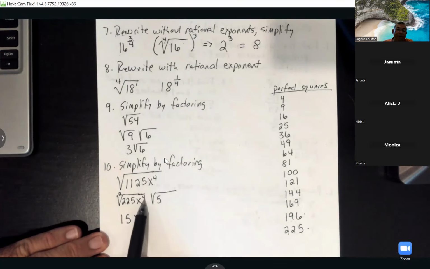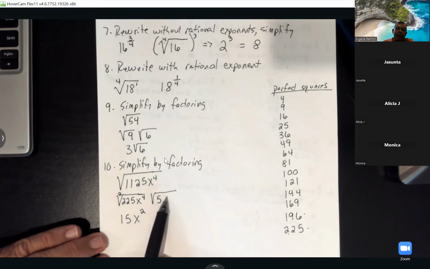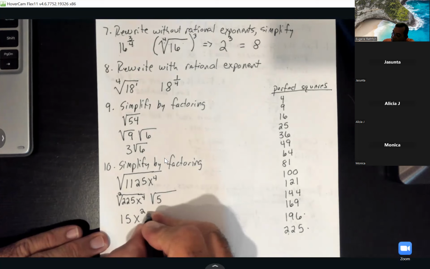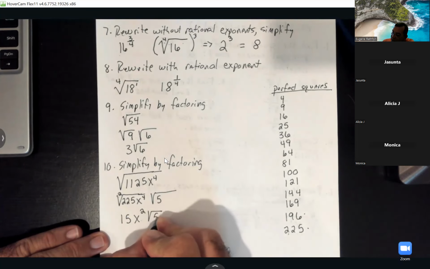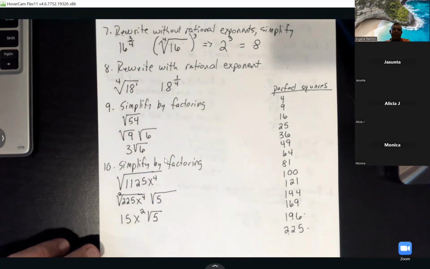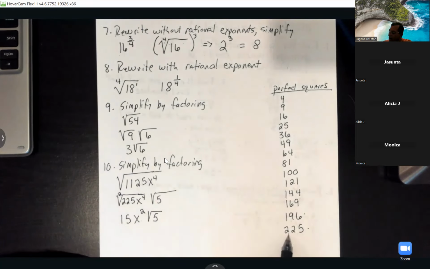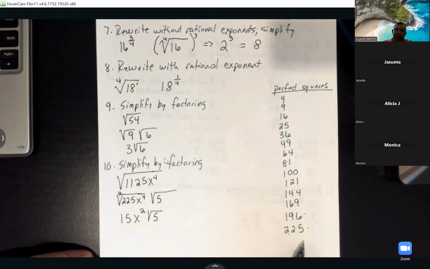It's basically half of whatever the exponents are that comes out. I couldn't do anything with the square root of 5, so I bring it down and keep my 5 inside the radical. So that's the trick, just finding factors that are these perfect squares, okay? And if you needed to go further, you could do 16 times 16, see what that equals, and so on.